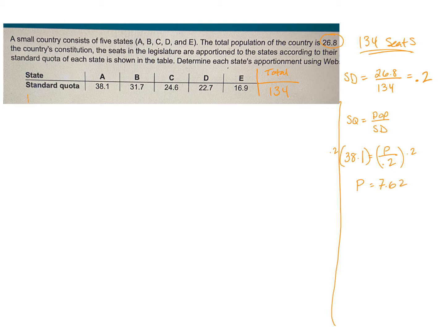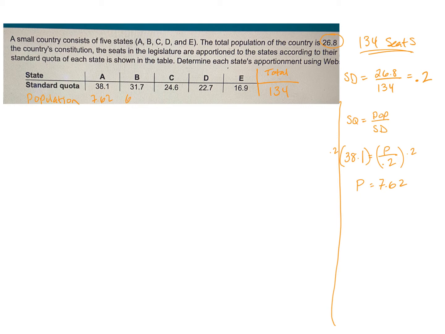So let's put that down here. Population, here it's 7.62. I'm just going to do the same thing for each of these. Solve for the population by multiplying the standard quota by 0.2.